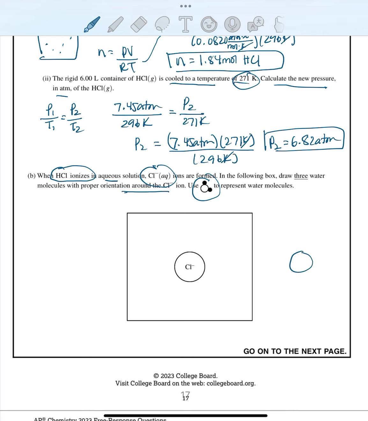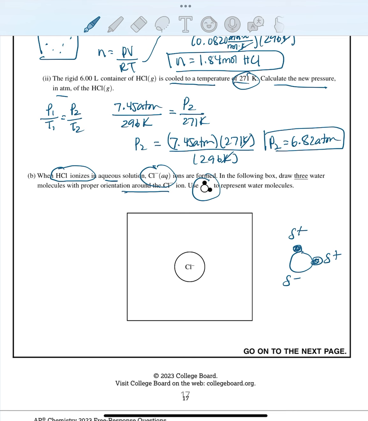Well, you guys may remember that in water, the smaller colored in circles, those are my hydrogens. Hydrogens are my delta positive in my polar water molecule. The large circle is my oxygen, that's my delta negative.